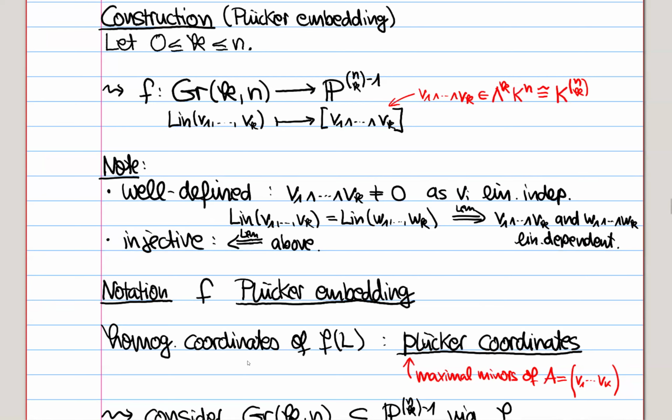And the homogeneous coordinates of the image of such a linear space, so these n choose k homogeneous coordinates, are called the Plücker coordinates, and they're exactly the maximal minors of this matrix here, which consisted of these k spanning vectors.